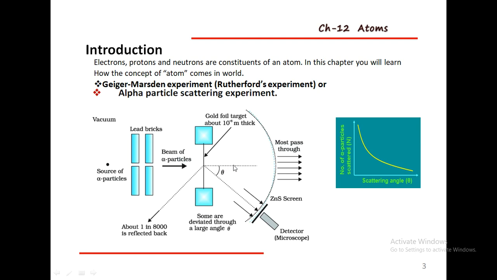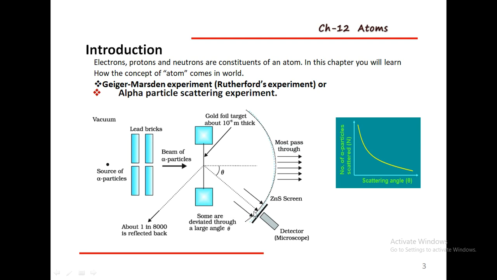For scattering angles between 0 degree and 1 degree, in this region most of the alpha particles are scattered. Some alpha particles are scattered by more than 1 degree, nearly 0.14% only.